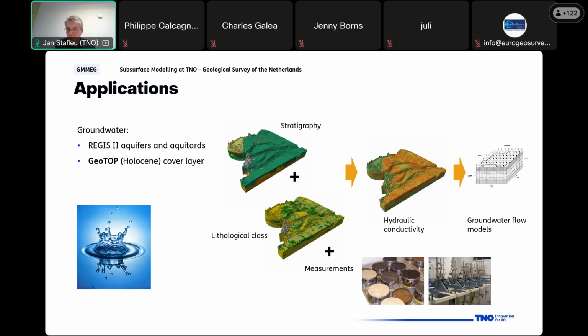So using our laboratory, when we can measure hydraulic conductivity from samples, we can add hydraulic conductivity values to the voxels, and that parameterized voxel model can then serve as input for groundwater flow models.